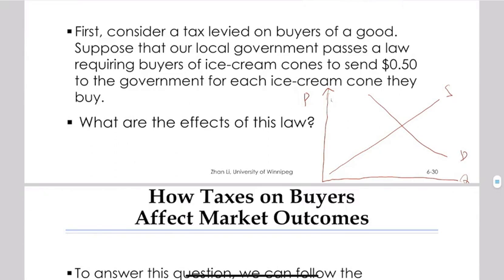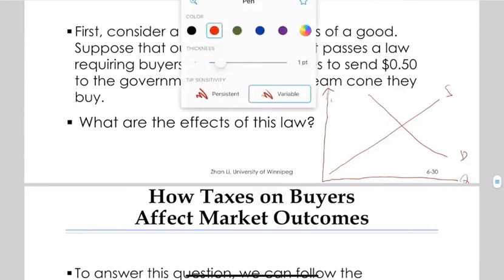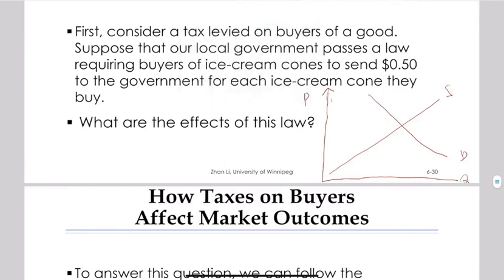Now, which curve should be affected, right? Should this policy affect the demand curve or the supply curve? Well, the tax is imposed on consumers, so this should affect the demand curve. Second, how should the demand curve change?